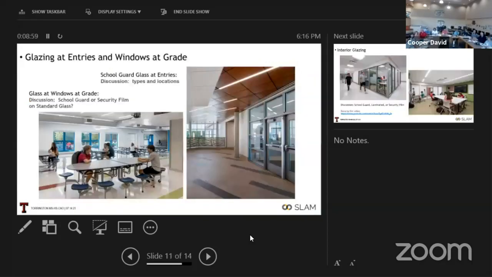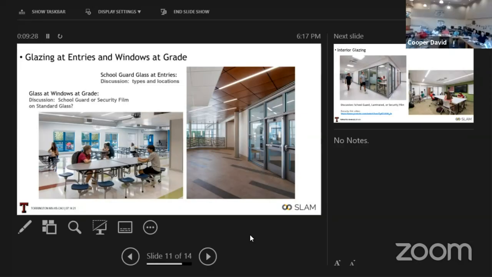The next slide. We also talked extensively about the level of security on windows and doors and what level of school guard glazing or ballistic glazing or security film we should use. And so without going into details about the decision that was made, we are pricing secure measures.